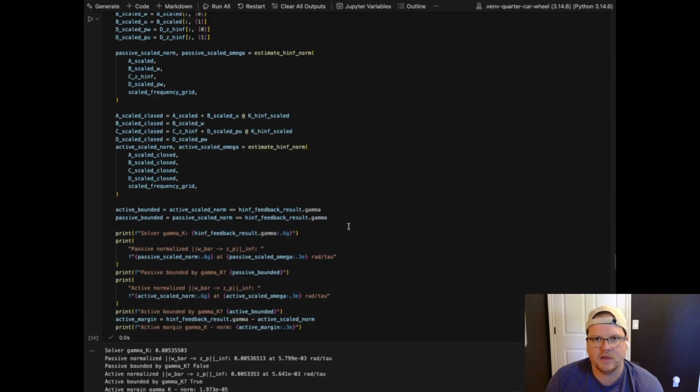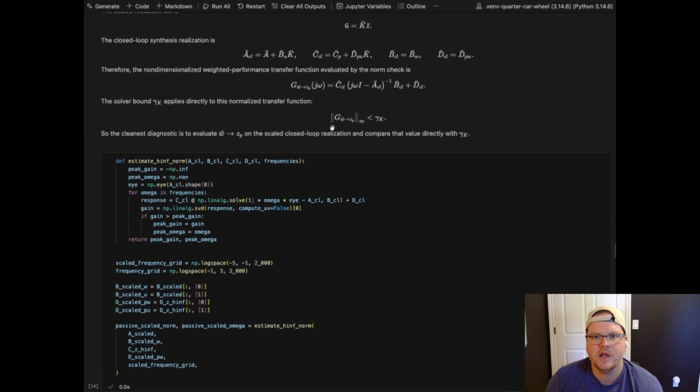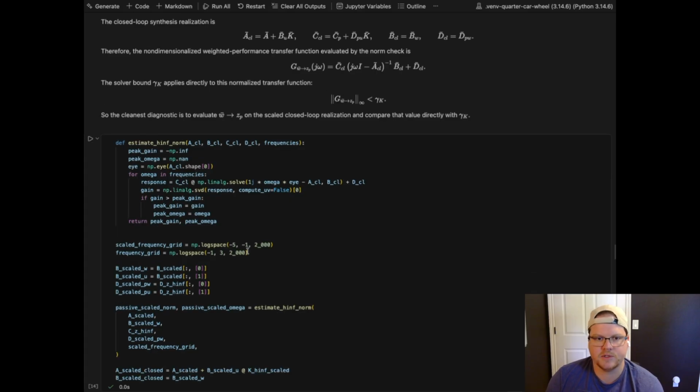So if we go up to the equation here, as this transfer function is evaluated over j omega, which was basically formed in this log space here, this grid for the scaled frequency and frequency grid, we ensured that indeed the certificate that we received back from the H infinity LMI problem was a least upper bound on the worst case gain from the disturbance to the performance output.